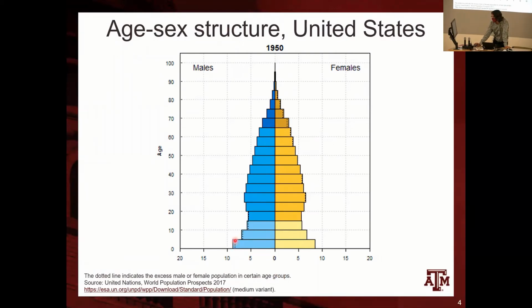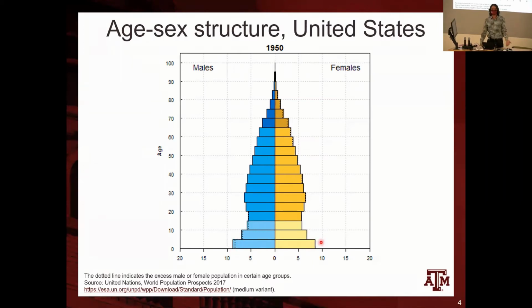Here it's how much bigger this bar is compared to this one. Here you have more boys as well compared to girls. We usually have the biological sex ratio at birth around 105 boys for every 100 girls, and we see exactly that in this excess of boys compared to girls.